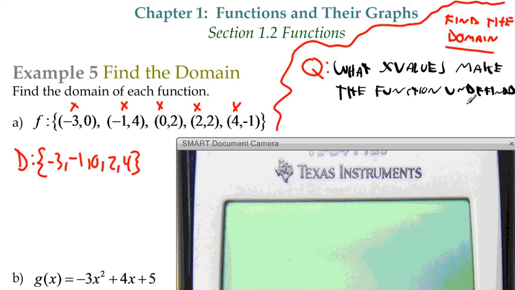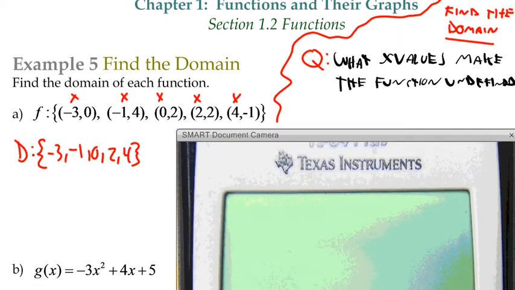Meaning that it's not possible, such as dividing by 0, right? We can't divide by 0. Or, I mean, we'll see other cases, like how about logarithms, right? You can't take a log of a negative number. So if you're given any kind of a function, such as the one in part B that we're going to do, we want to know what x values you input, and then it says error.